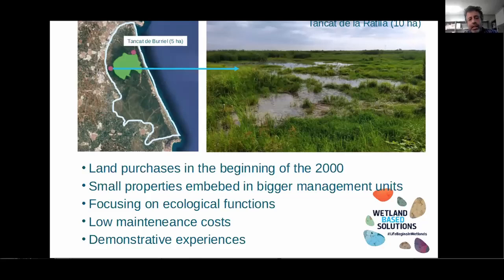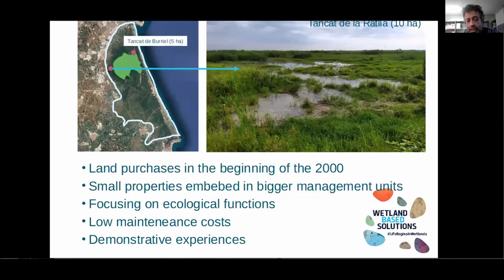These restoration activities are focused on ecological functions, to have the vegetation filtering the water, and also promoting macroinvertebrate diversity and this kind of flooded meadow, which is a very rare habitat in Albufera.